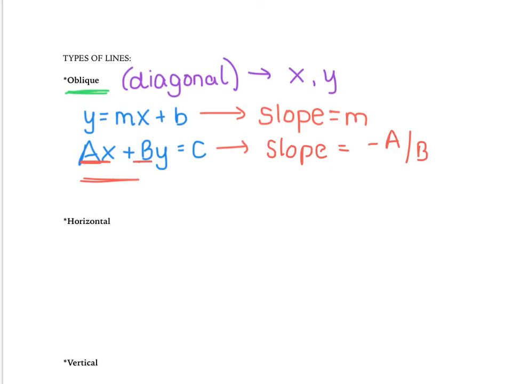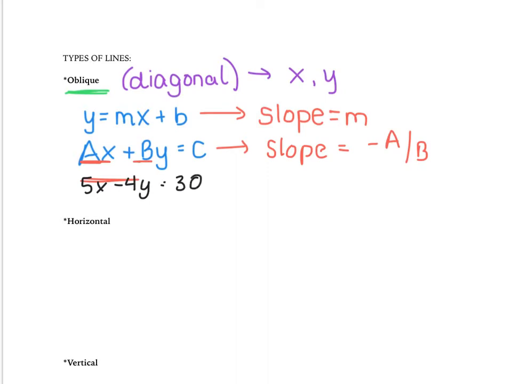So think about that equation that we had on the previous page. The equation we had on the previous page was 5x minus 4y equals 30.